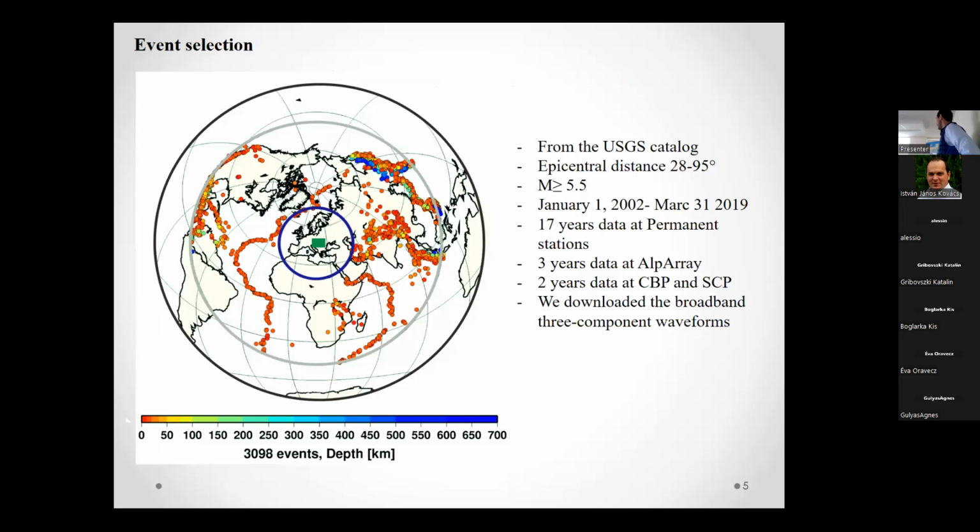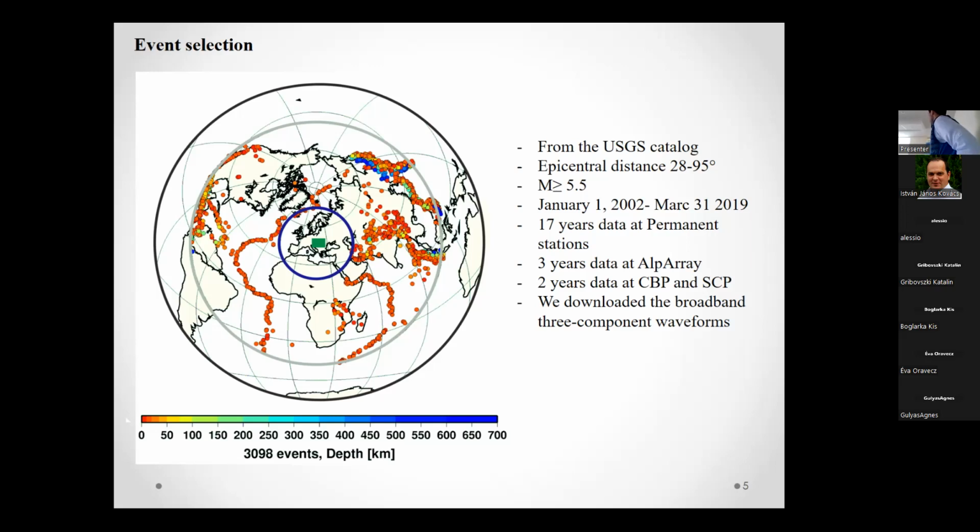These earthquakes arrive at epicentral distances between 28 and 95 degrees, with magnitude larger than 5.5. So in the best cases, we have 70 years of data at permanent stations. And of course, we have limited data at the temporary stations, 3 years of data at Alpine and 2 years of data at CBP and SCP stations.